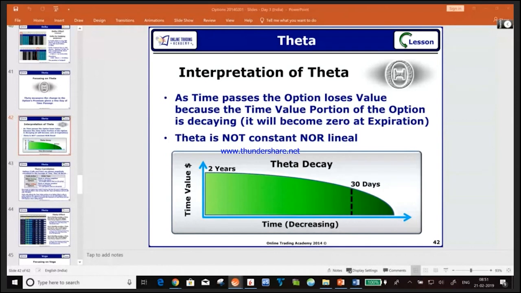Theta. Arun, just hold on to your question right now. You don't type anything. Let me explain to Sushila. Okay? Theta is responsible for making time value zero. That's the primary job of theta. So as we are approaching expiry, shouldn't our time value start reducing?